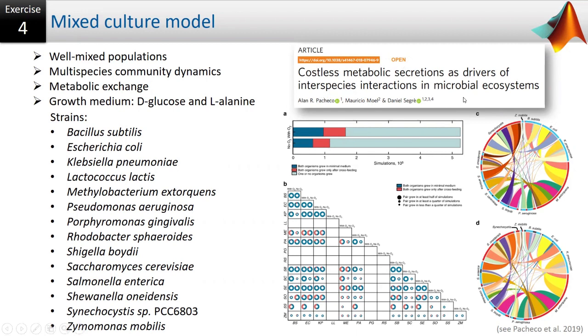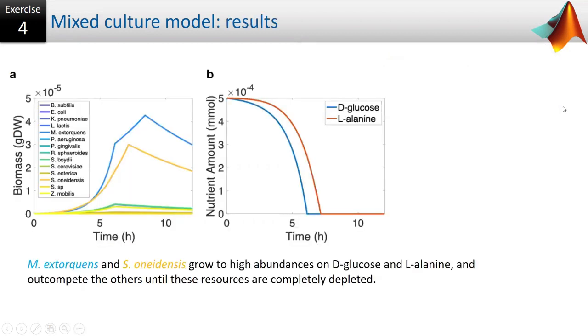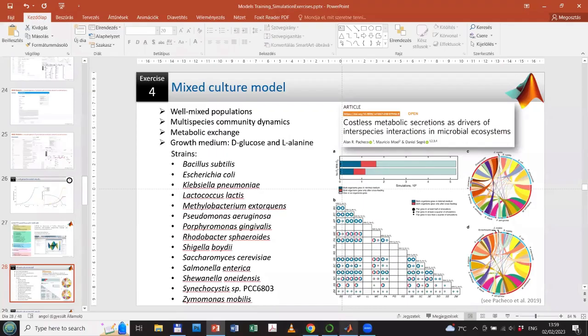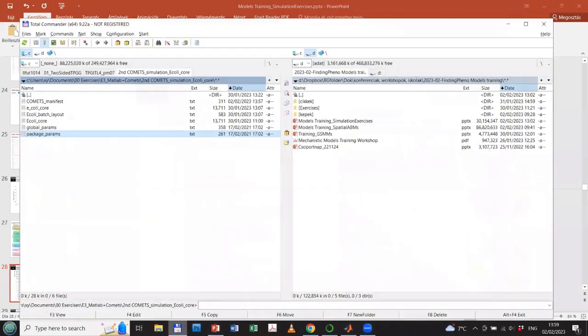They did pairwise experiments for cross-feeding, and they put together these 14 strains.